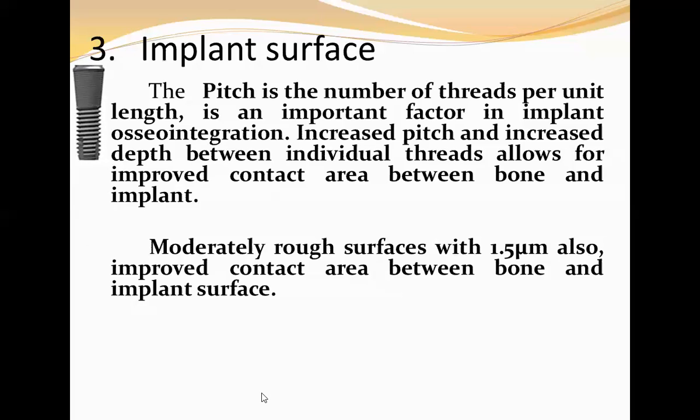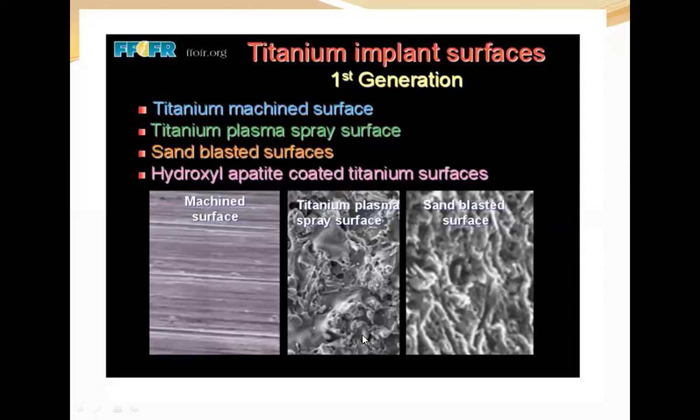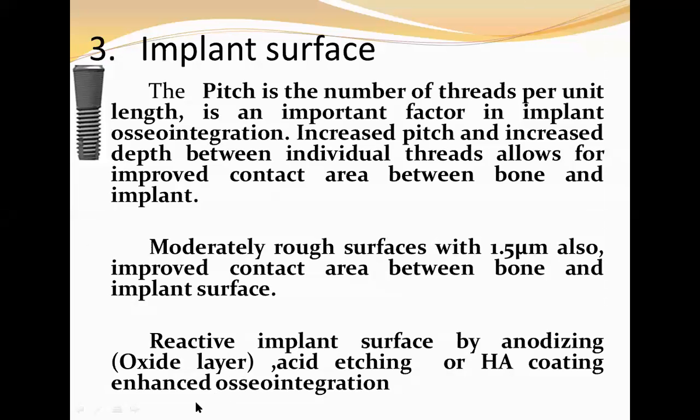Then as far as the surface is concerned, you can coat the surface, as I told you, with different materials. As mentioned here, reactive implant surfaces by anodizing the oxide layer, acid etching and HA coating. Now let's talk about this mechanical thing which we introduce in your surface in order to enhance the surface area.